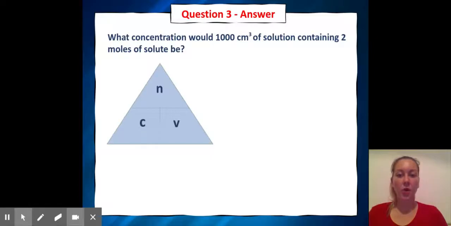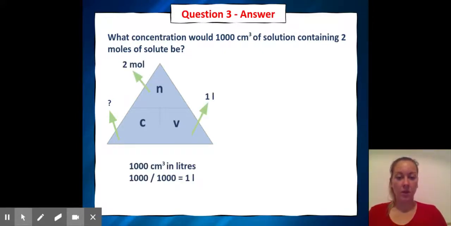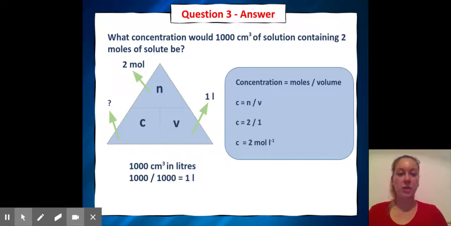Question 3. What concentration would 1,000 centimetres cubed, which is the same as 1 litre, of solution containing 2 moles of solute be? Now solute, remember, just means whatever we have dissolved in water. So concentration equals number of moles divided by volume. We have 2 divided by 1, which is 2 moles per litre.